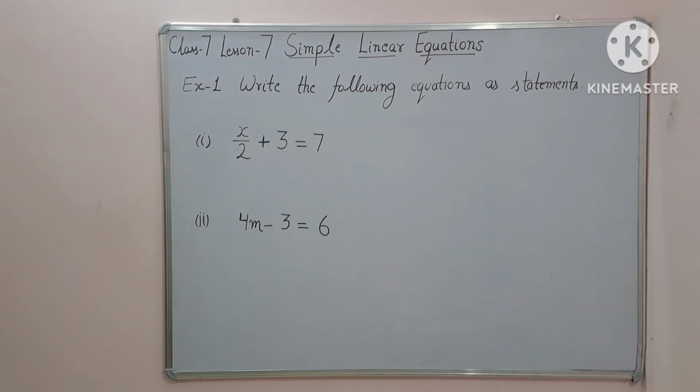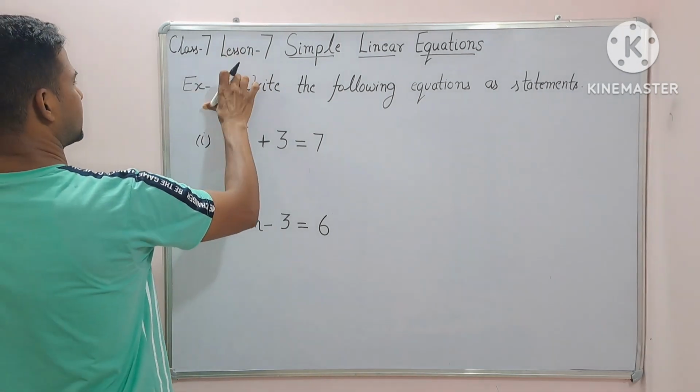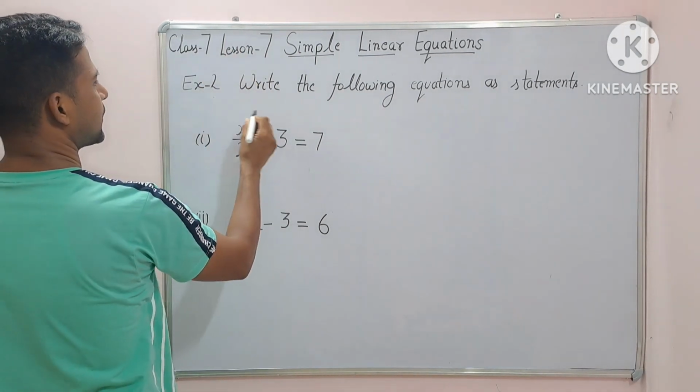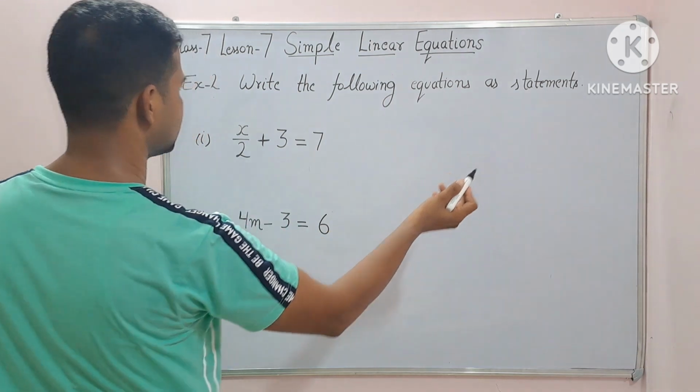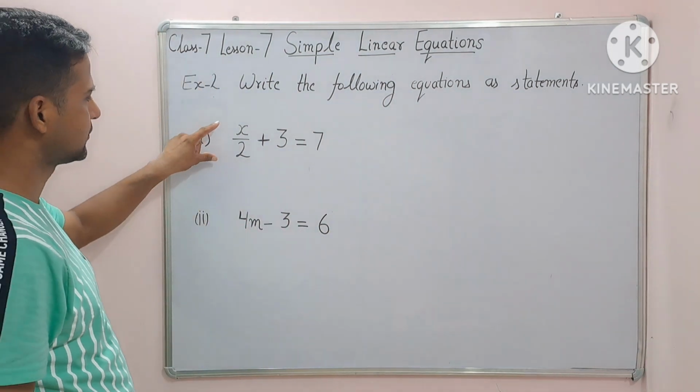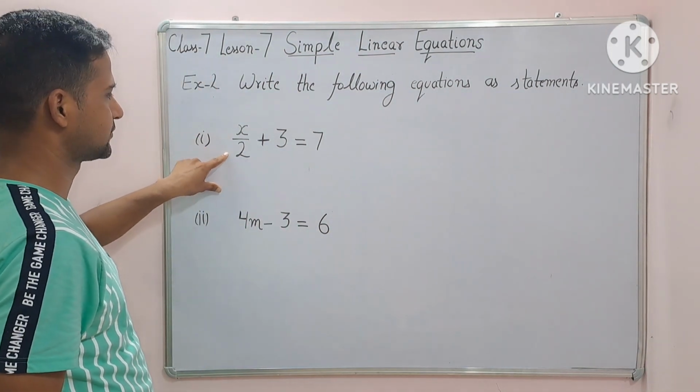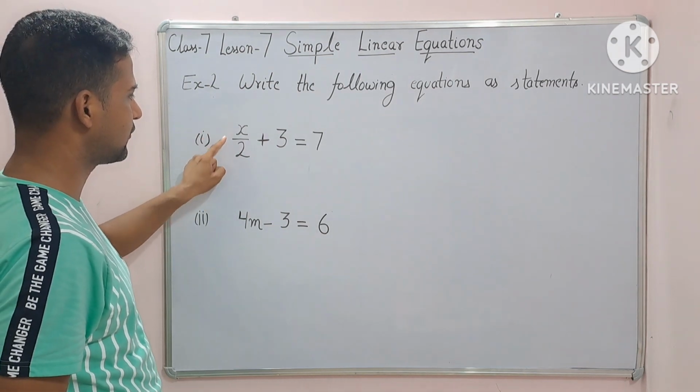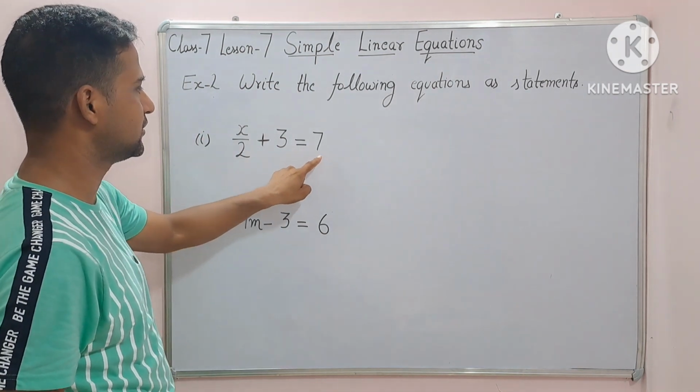Now next example is, write the following equations as statements. We can write half of x, the sum of half of x and 3 is equal to 7.